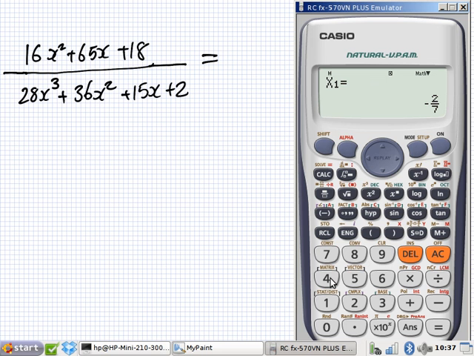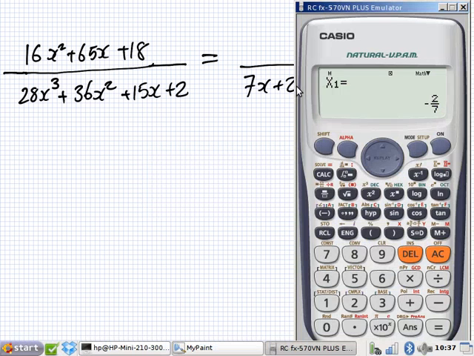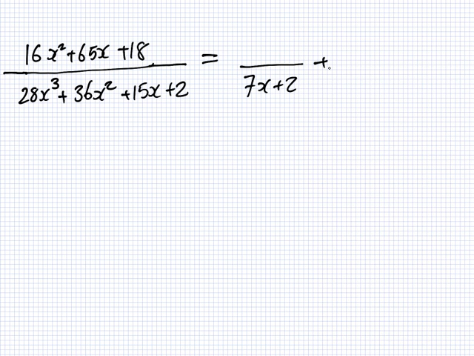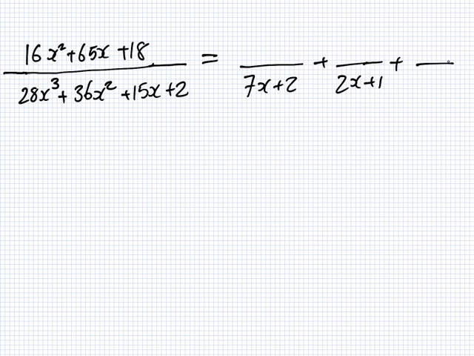The first factor is 7x plus 2. Happy with that? The next one is 2x plus 1. And the last one is, well, there isn't a third one, but it's cubic. So there should be 3. So what has happened?